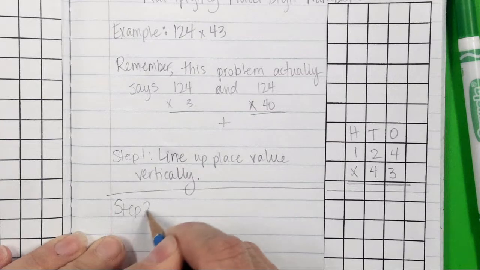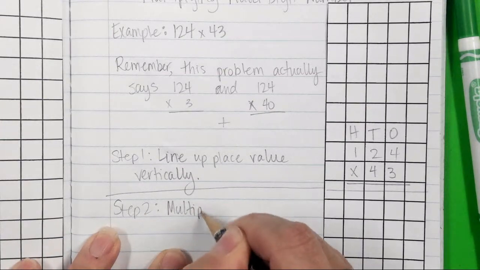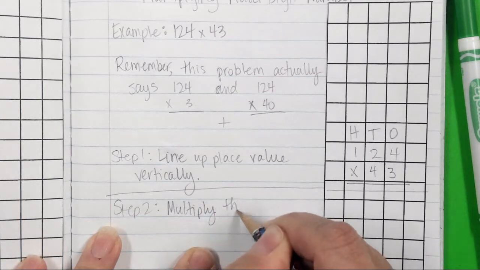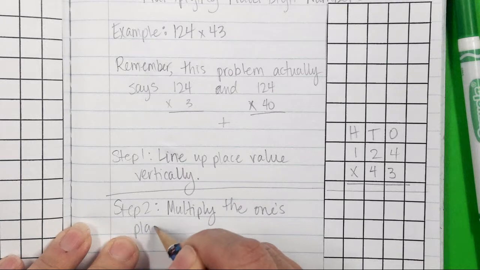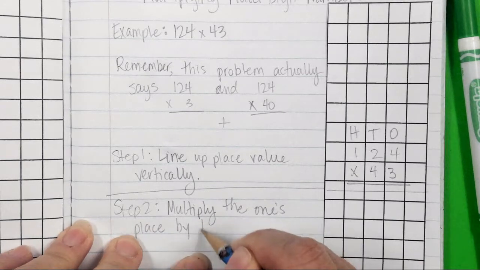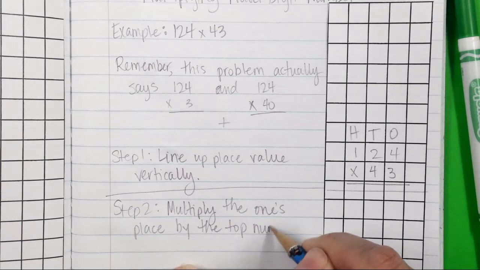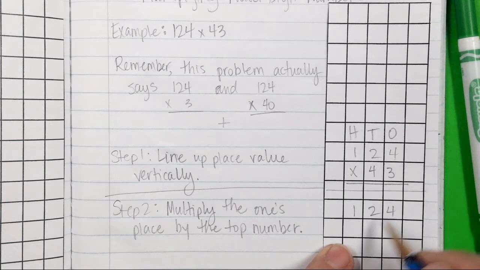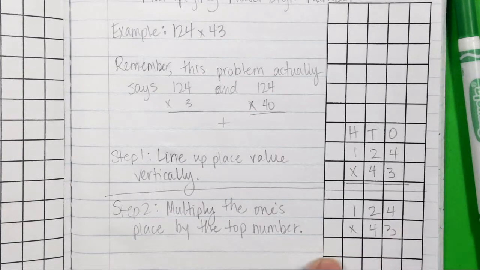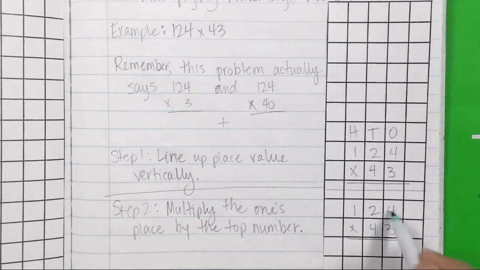Step 2. I'm going to multiply the ones place by the top number. So I've got 124 times 43. Just the ones place.